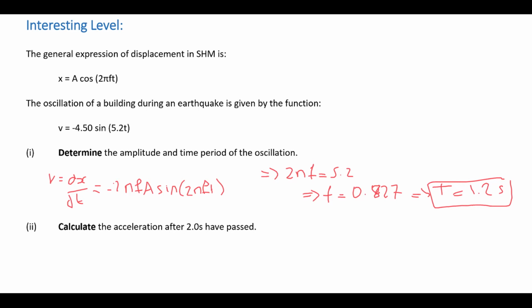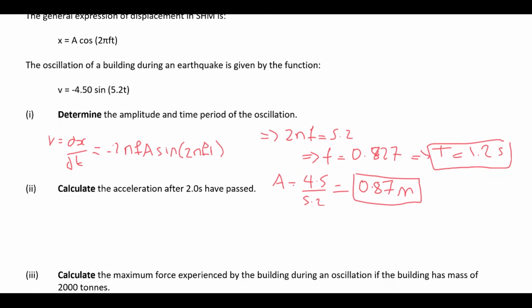We know that 2 pi f a is equal to 4.5, so actually we just do 4.5 divided by 5.2, and that's going to be your amplitude. Your amplitude is just going to be 4.5 over 5.2, because that's 2 pi f, which is 0.87 meters. That's the amplitude of oscillation caused by the earthquake.